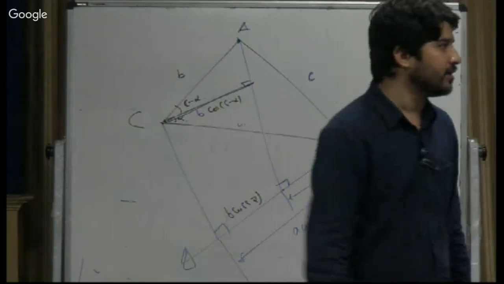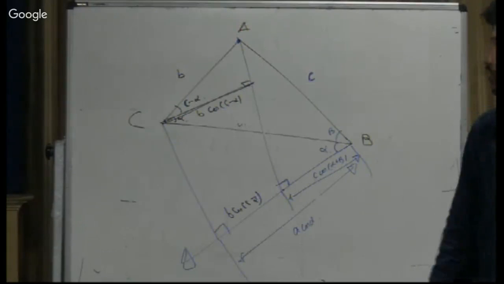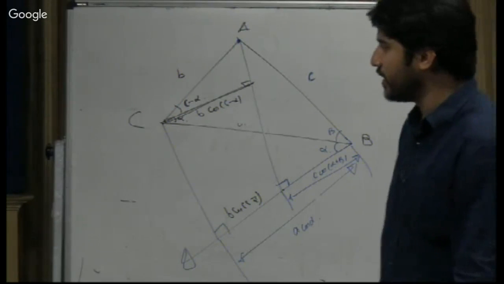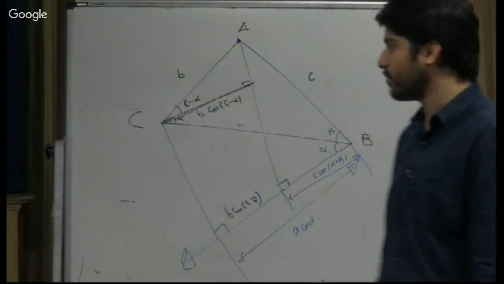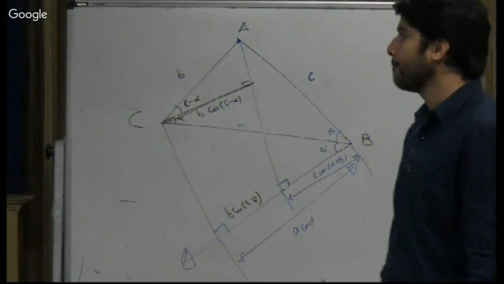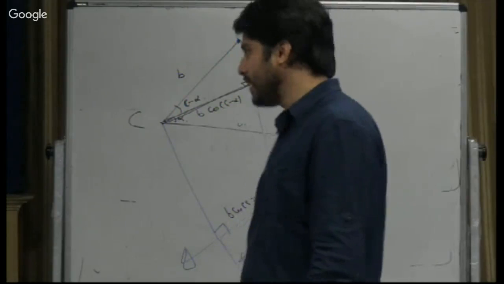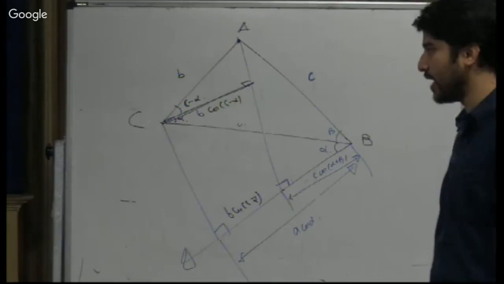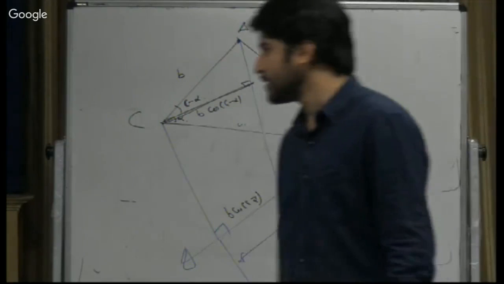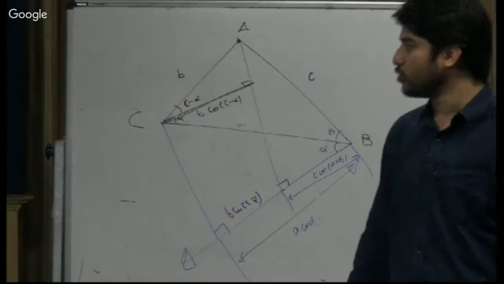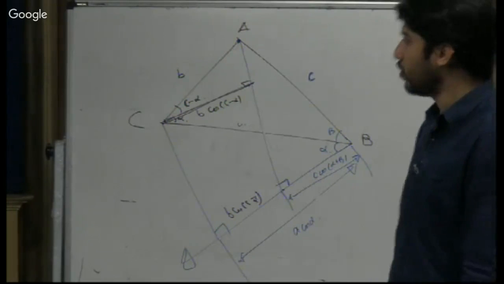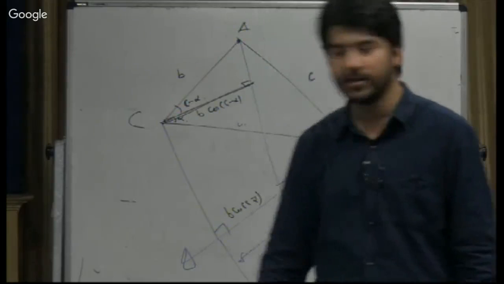Now what I did, I just opened it up. So on the left hand side, I got sin B cos C cos alpha plus sin B sin C sin alpha plus sin C cos B cos alpha minus sin C sin B sin alpha.